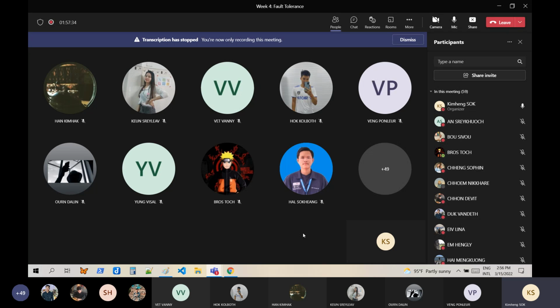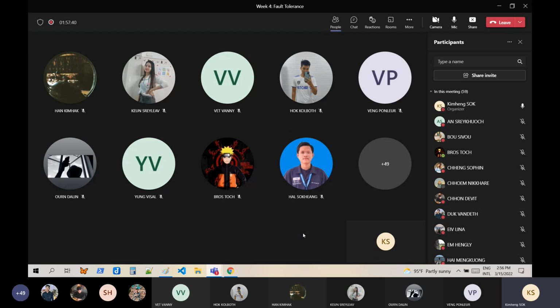So the question is, if we have one algorithm, do we need another algorithm? No. All the computers need to install those algorithms. For example, like all the students need to agree on the classroom rules. Some of the systems can choose some leader, like 2, 3, 4, 5. Some of the systems don't have a leader. They all become the leader, something like that. But all the computers need to have the same rule.